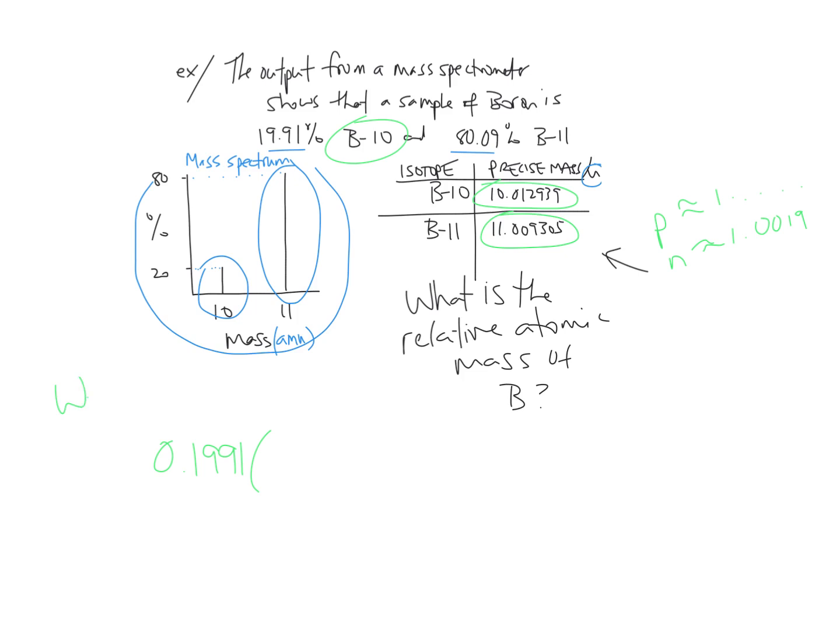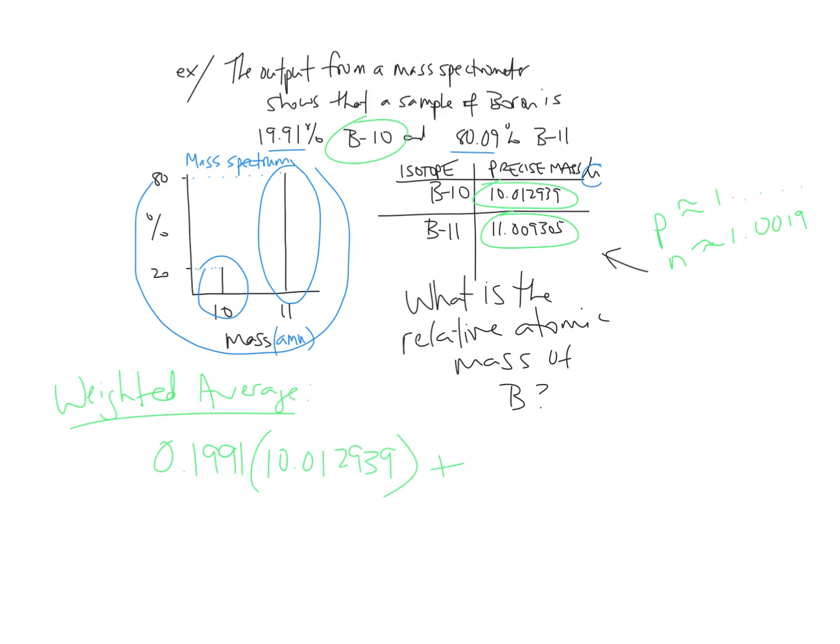Okay, so back to our weighted average calculation. Our weighted average calculation is going to yield for us, let me just write it here, 0.1991 times the mass 10.01293, that big ugly number.